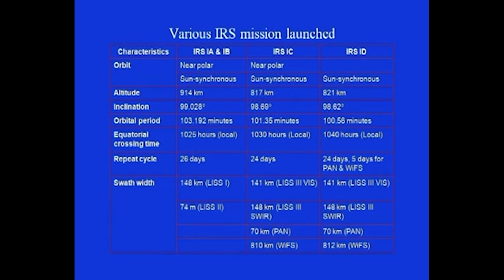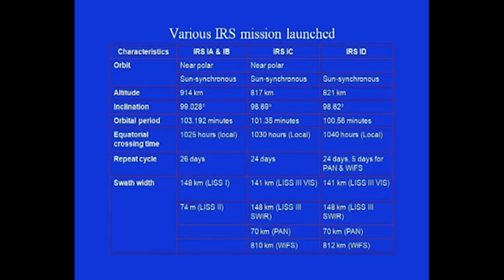The inclination of IRS-1A and 1B was 99.028 degrees, whereas for IRS-1C it was 98.69, and for IRS-1D it was 98.62. The orbital period of IRS-1A and 1B was 103.192 minutes, whereas for 1C and 1D it was 101.56 and 100.56 minutes respectively.